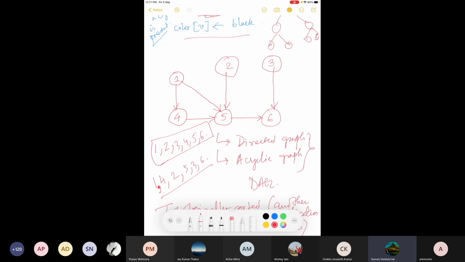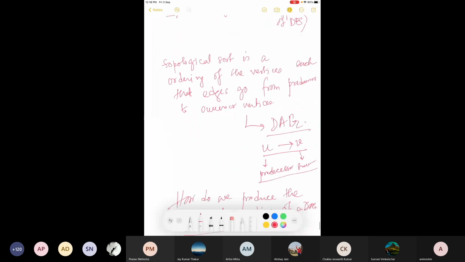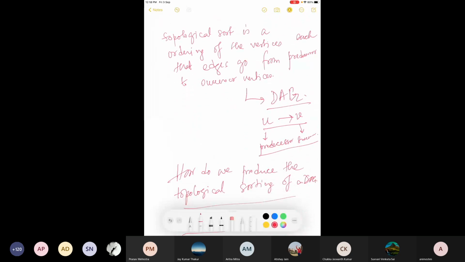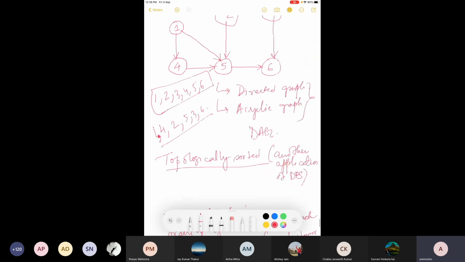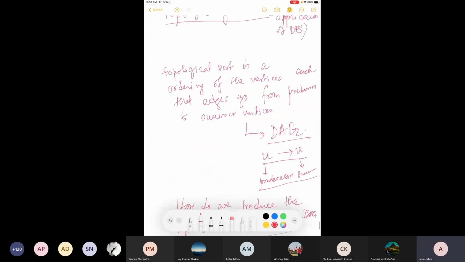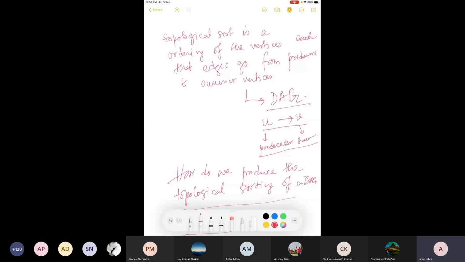One, then 4. Yes, this is also correct. I claim that this is also correct. There may not be any relation.